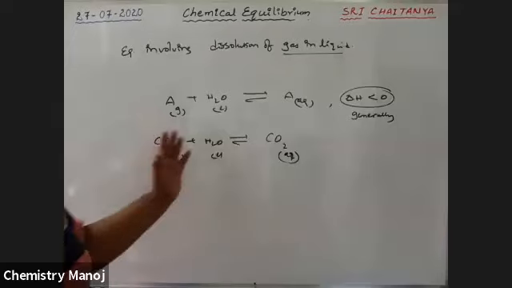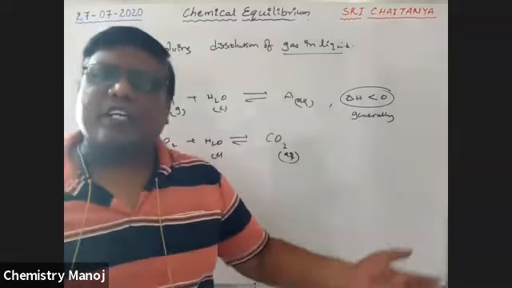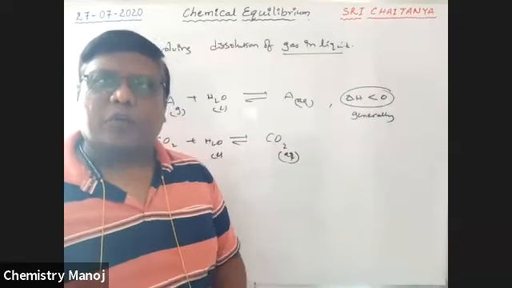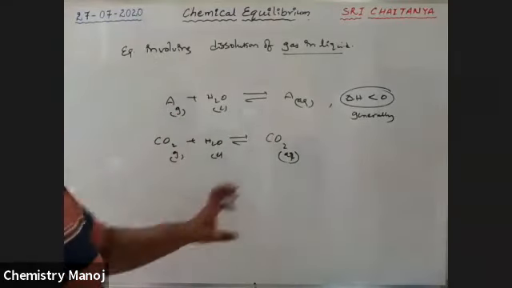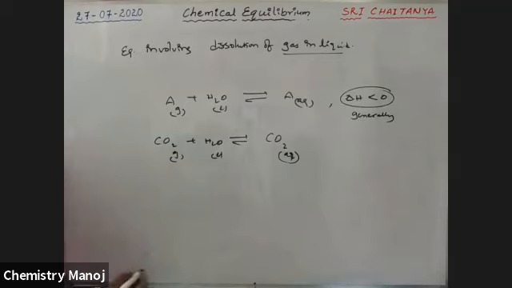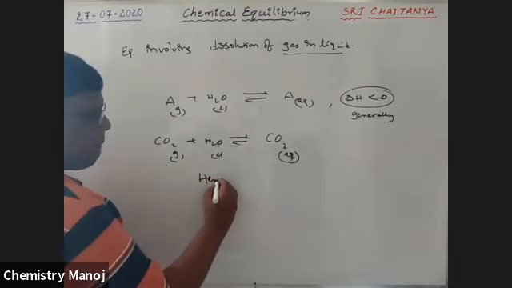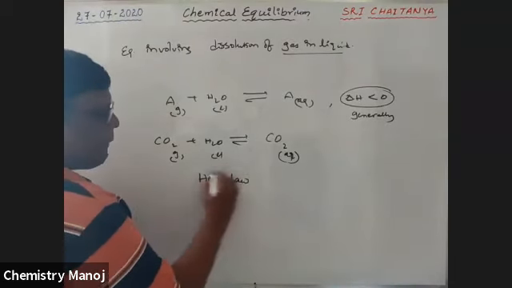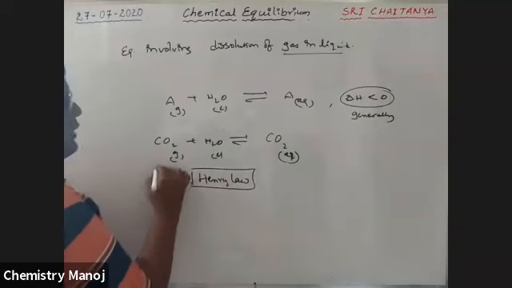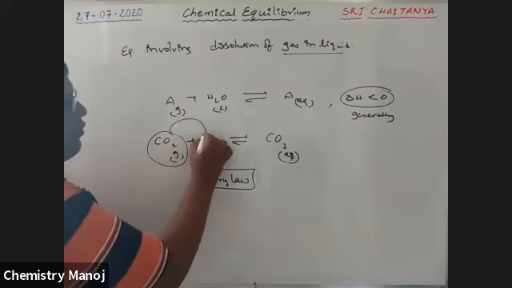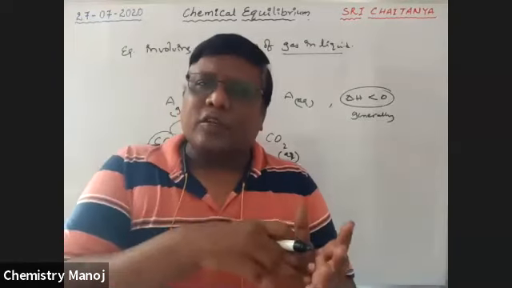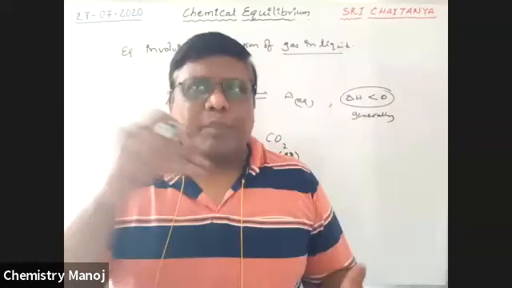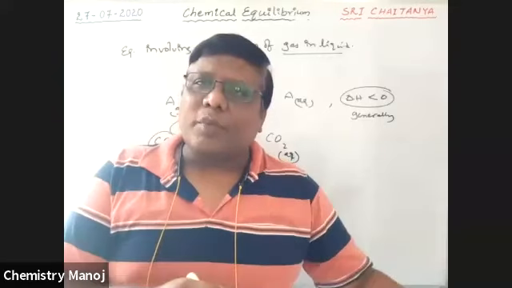So how is this CO2 dissolved? How much CO2 is dissolved in soda water, boys? The entire equilibrium is explained with Henry's law. Henry's law explains the solubility of CO2 in water. The more the pressure of the gas, the more the solubility. The less the pressure of the gas, the less the solubility in the liquid.